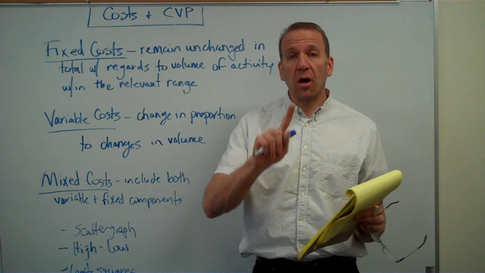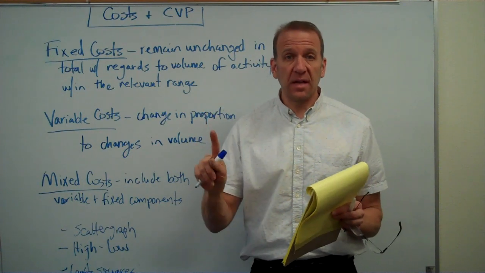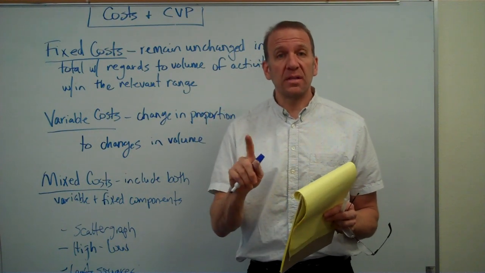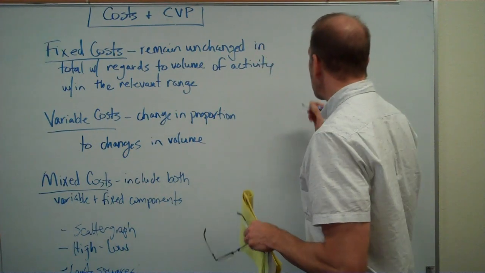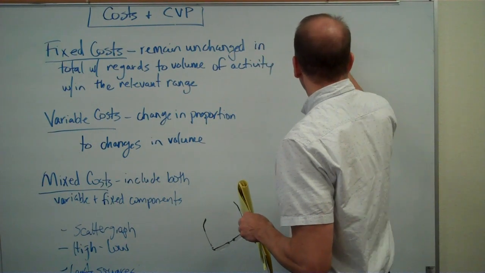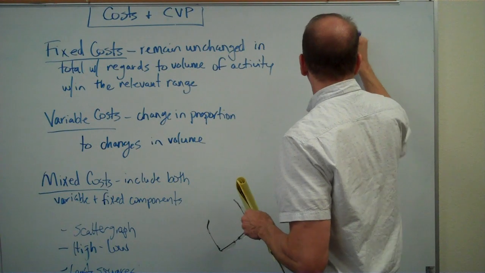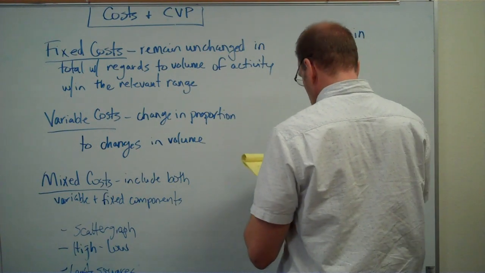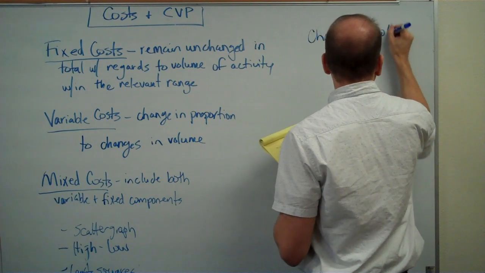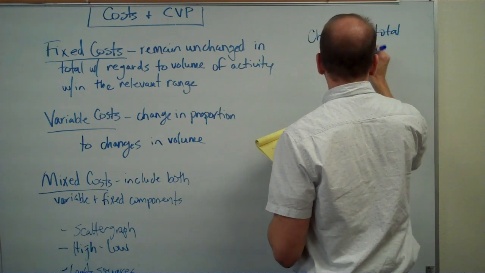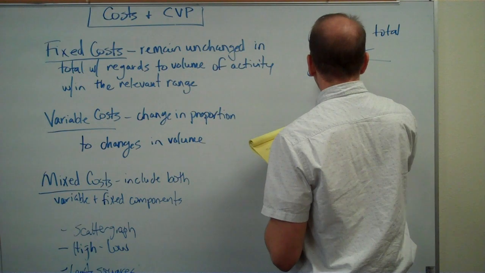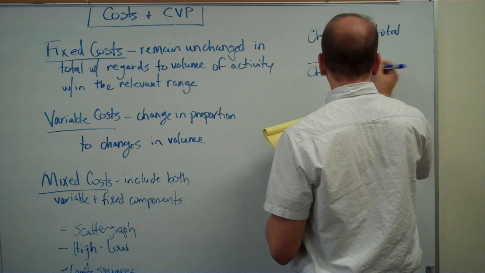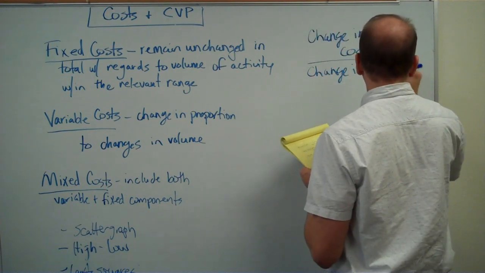You look at all your cost for this mixed cost, and then you compare it to its activity. So you're going to look at the change in total cost, and you're going to divide that by the change in units or activity.